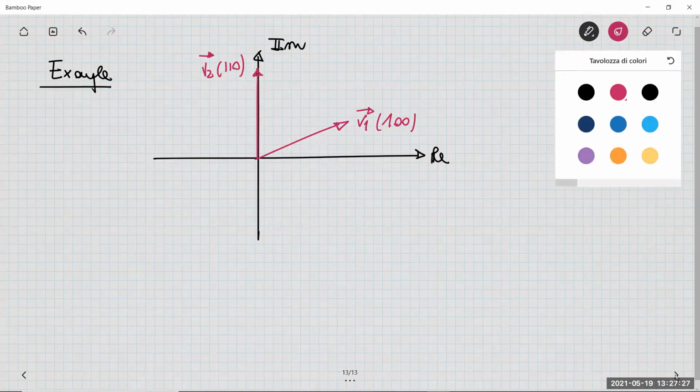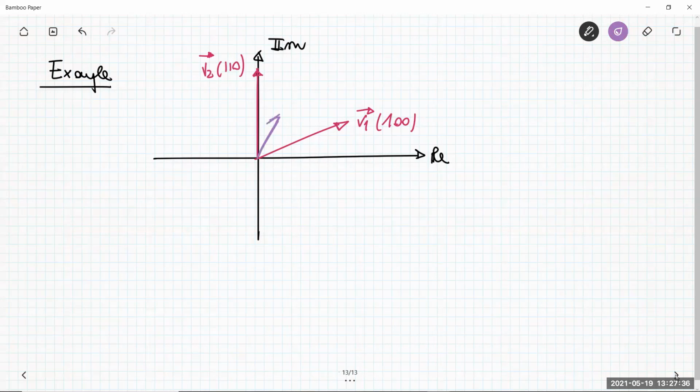These are just two possible space vectors, okay? And then you have inside the rotating vector representing the full sinusoidal three-phase voltage system.